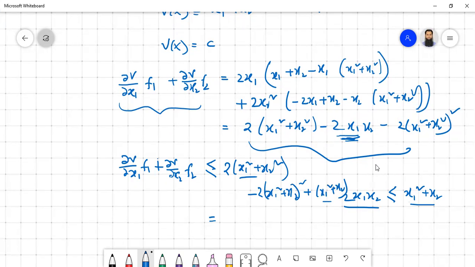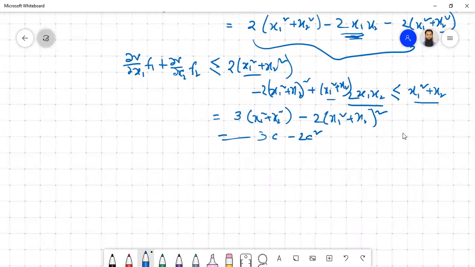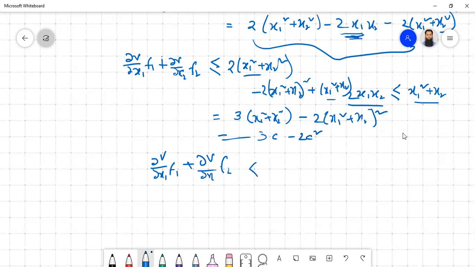So there will be 3 x1 square plus x2 square minus 2 x1 square plus x2 square. So basically what we'll have is 3c minus 2c square, and we proved that basically del v by del x1 f1 plus del v by del x2 f2 is lesser or equal to 0.